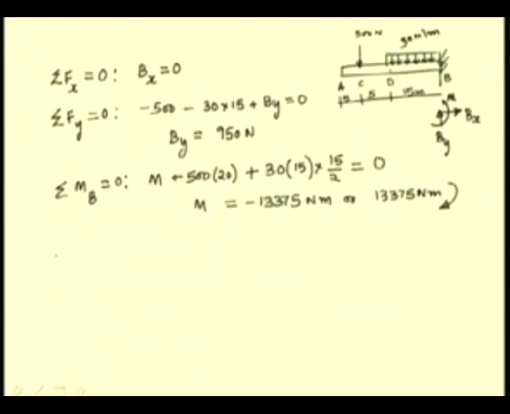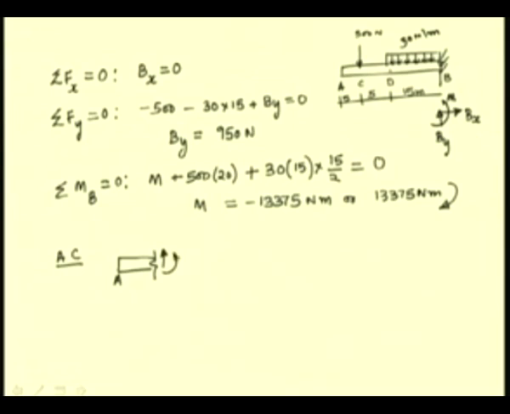So, let us consider first the section AC. The free body diagram of the same is that we have no end reactions at A, and also we do not see any forces in the section.